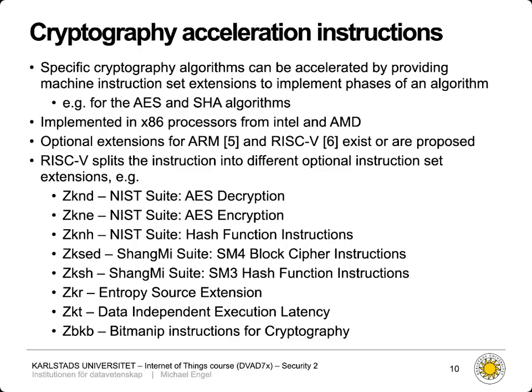And there are more generic features also, like the entropy source extension, if you need random numbers, or also extensions for data independent execution latency. That means that whenever somebody manages to measure the execution time of your crypto algorithm, the attacker won't be able to deduce anything useful from it, because these extensions make it possible that all passes through your software always take the same amount of time, so you cannot deduce a key or parts of a key from execution time profiling.